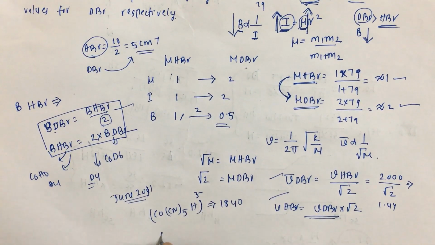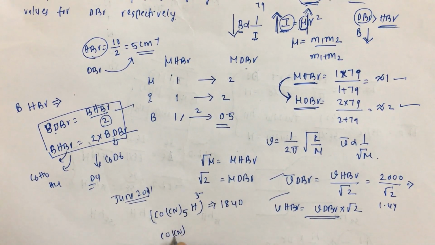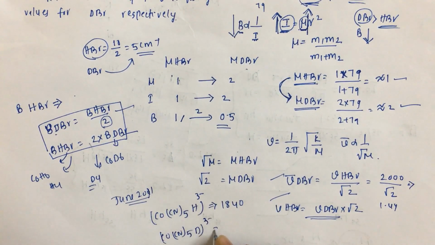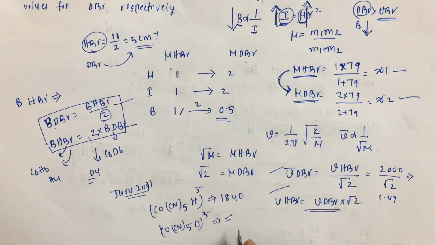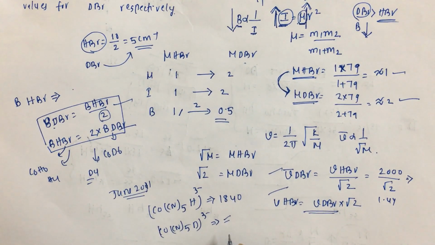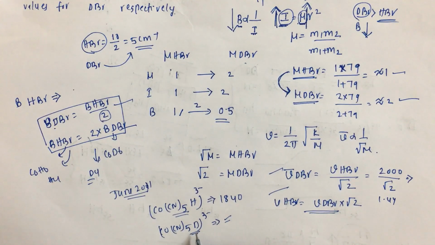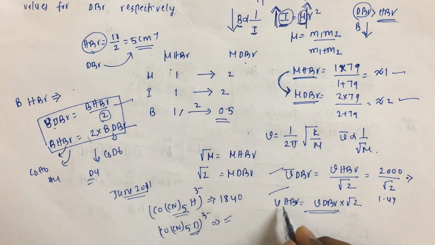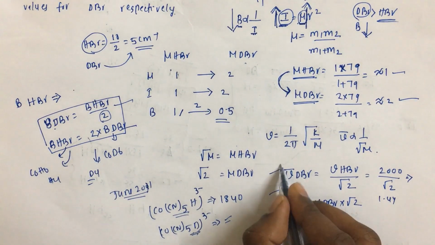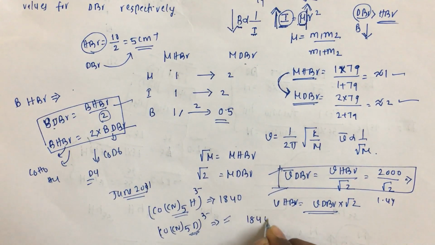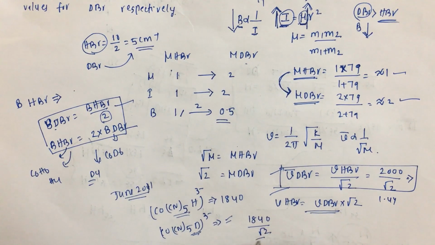So what about CO CN5 D3 minus? This is also simple: they have given for H, so you have to identify for D this way. This will be 1840 by root 2, so you will get the answer.